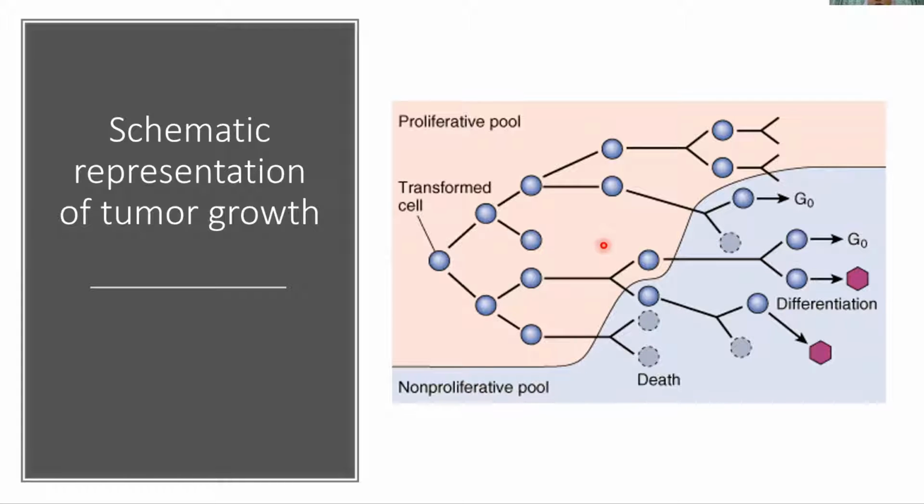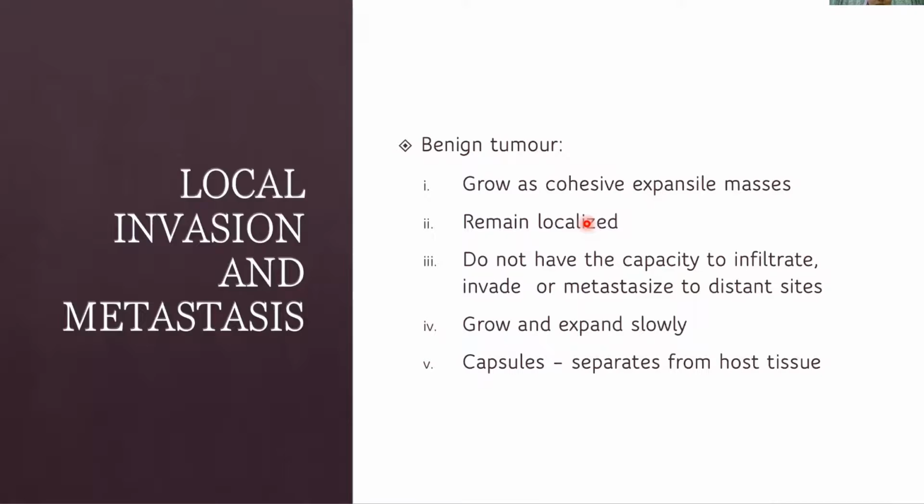As you know, our chemotherapy agents mainly work on the proliferative pool. That's why the tumor needs to be resected first. Normally we resect the tumor, and then the remaining tumor will enter the proliferative pool, and then we can give chemo to kill all the tumor cells. That is basically the theory.